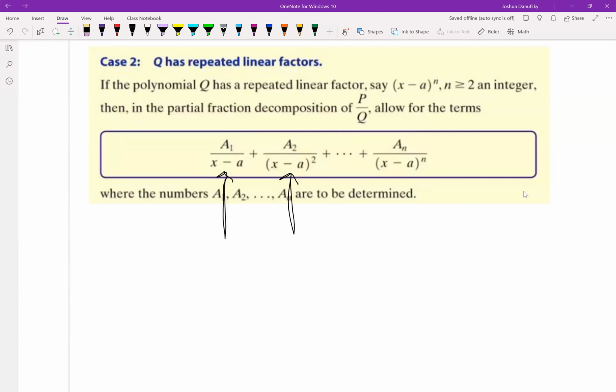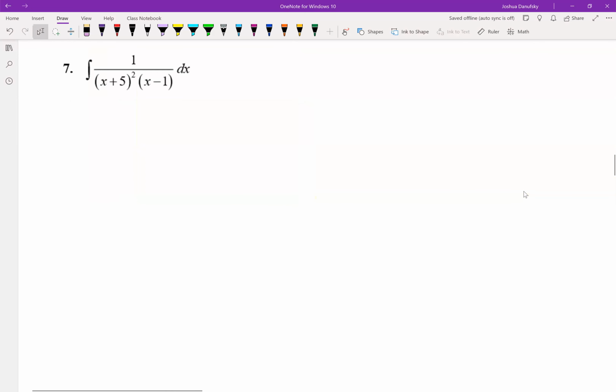The first term has the linear factor to the first power, the next term has it to the second power, and we would continue on like this until we reach the power of that repeated linear factor. In this case, the x plus 5 is raised to the second power, so we're only going to need to repeat it twice.